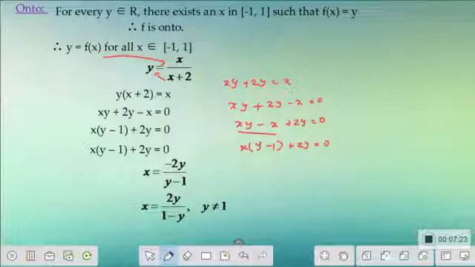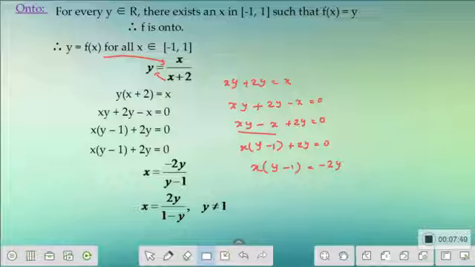So I can write x into y minus 1 is equal to minus 2y. So x equal to minus 2y by y minus 1, or 2y by 1 minus y. The denominator has 1 minus y. We should not have y as 1 because your denominator becomes 0. So x equal to 2y by 1 minus y is possible only when y is not equal to 1.